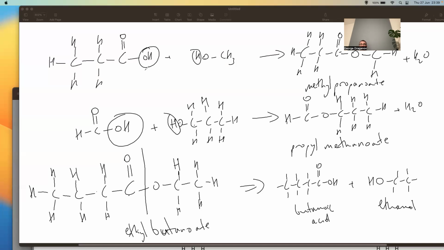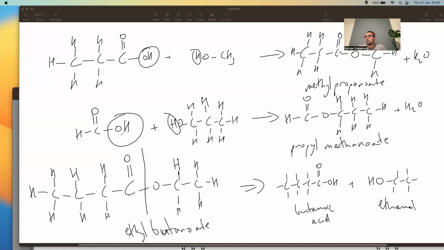Propanoate is propanoic acid, then the methyl is the methanol. Okay? This is the methanoic acid that comes from the methanoate. And the propyl makes the propanol. So the alcohol basically comes from the -yl, and the carboxylic acid comes from the -oate. Okay, that will be that.